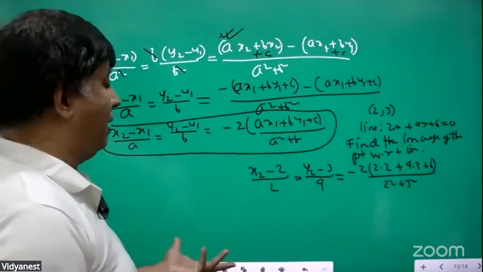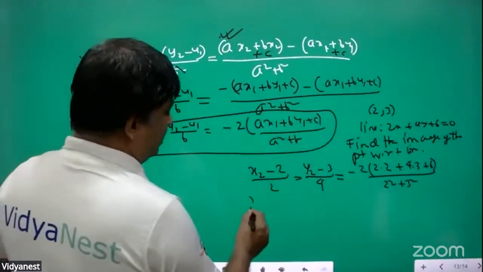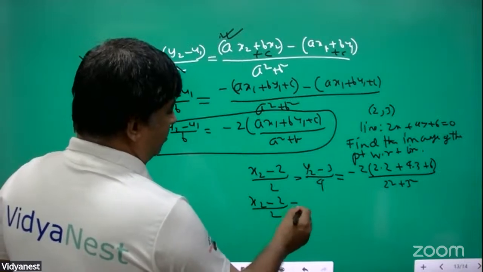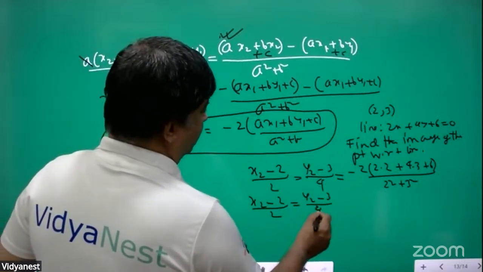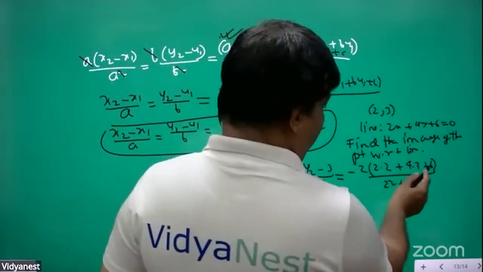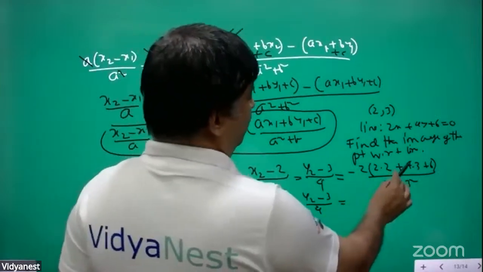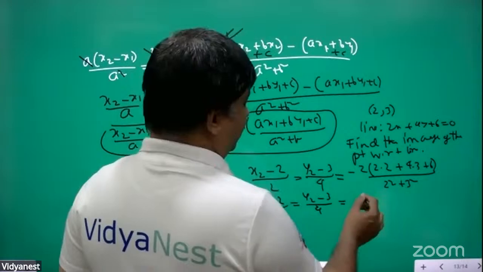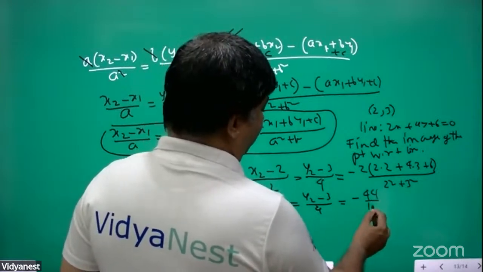So in 1 minute you have found it, but still some calculation is left. x2 minus 2 by 2, y2 minus 3 by 4, and here you have to be careful. 4 plus 12, 16, 22 by 13, 44 by 13.